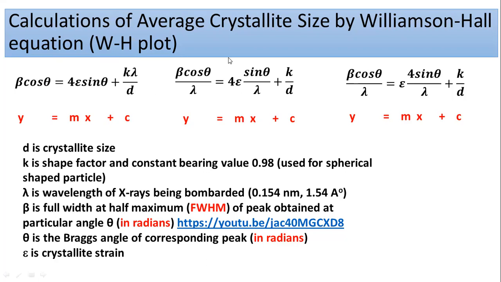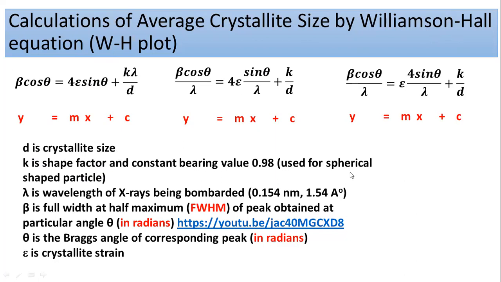This is actually the three forms of the equation, and there is again no difference between all these three forms. Let's understand the first one. This is beta cos theta equals 4 epsilon sine theta plus k lambda over D, and D is the crystallite size, k is the shape factor, and it is a constant having the value of 0.98.